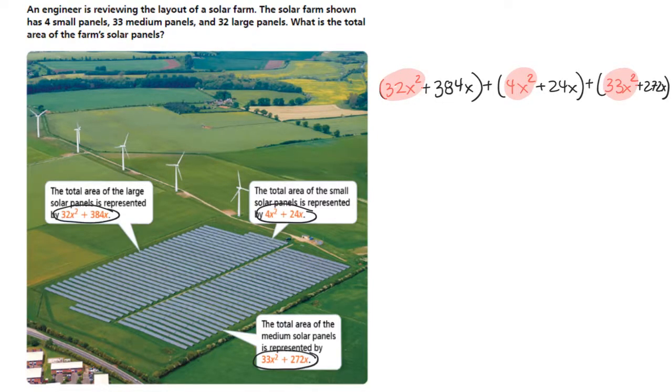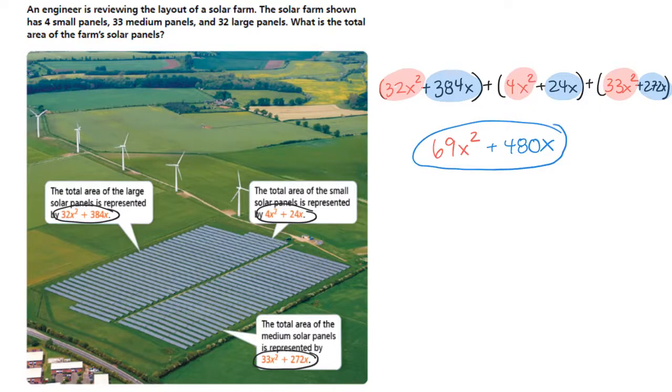That gives me 69x squareds. Then we have 384x, 24x, and 272x, which when I add those together, I get 480x. This would be a simplified expression that represents the area of all of the solar panels put together.